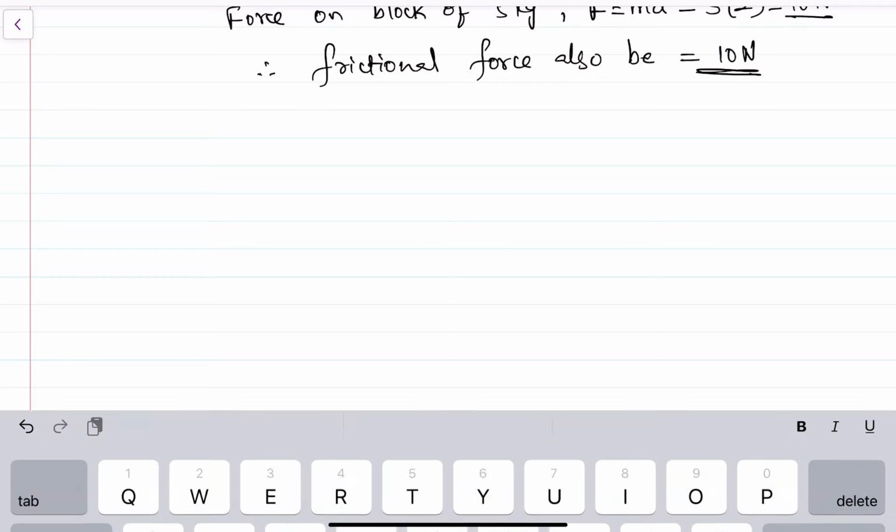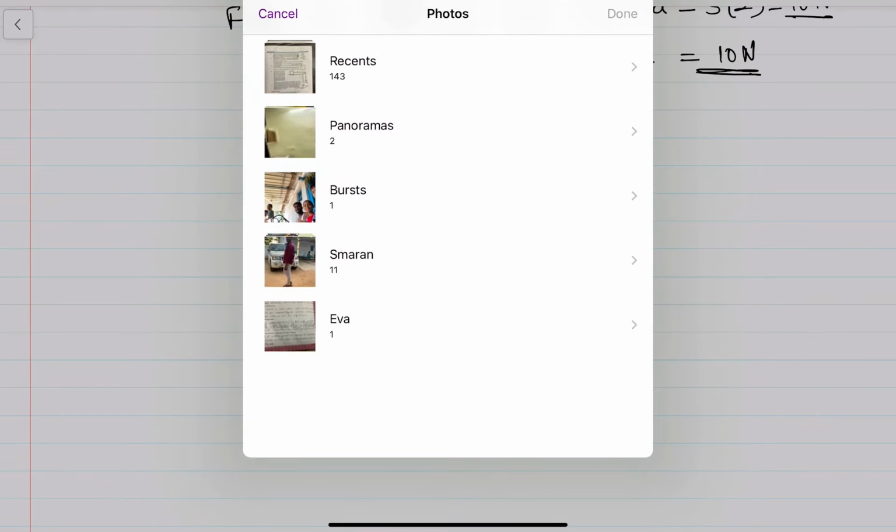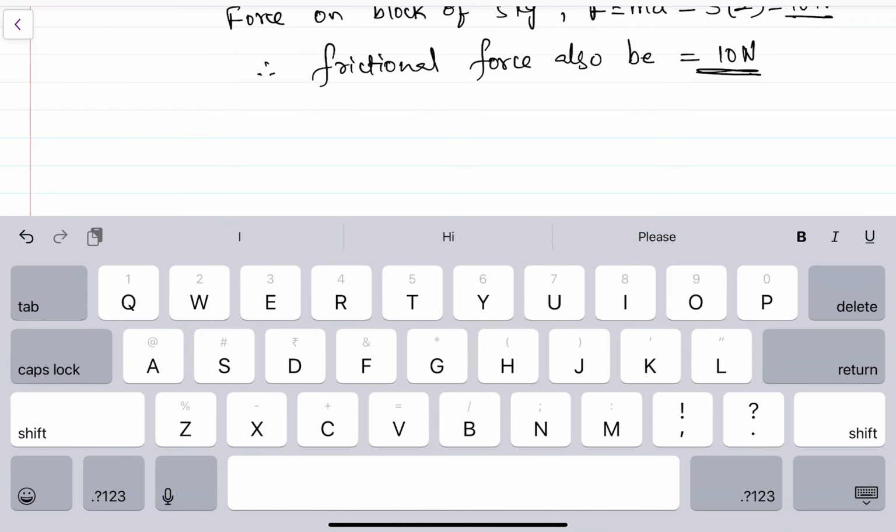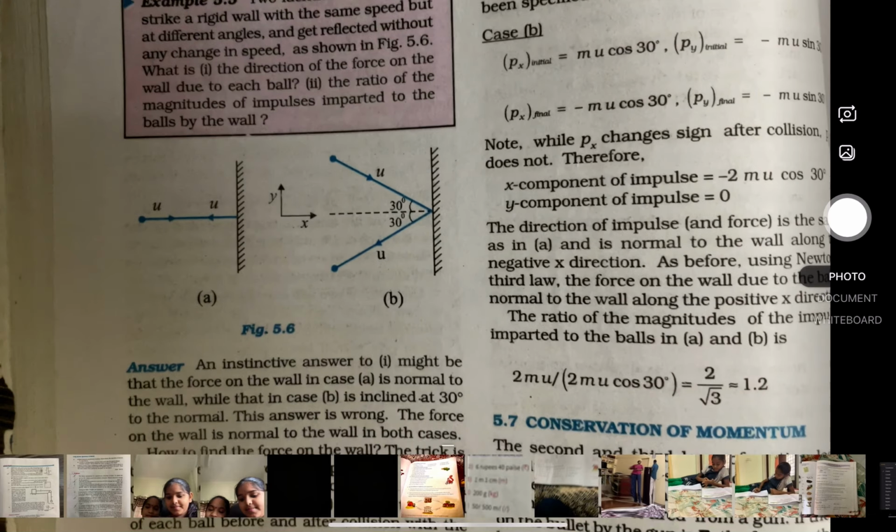Now I am going to explain example number 5.5.